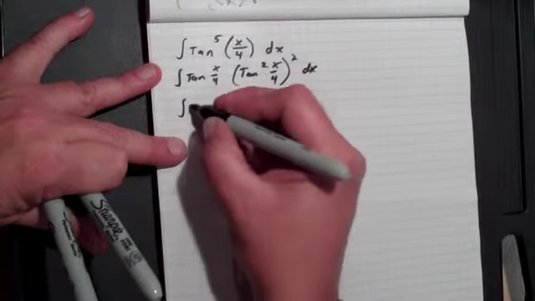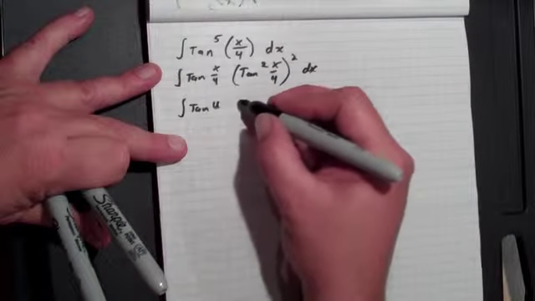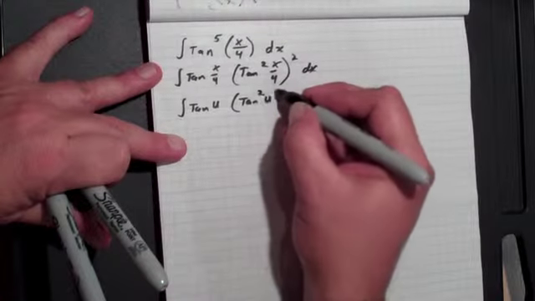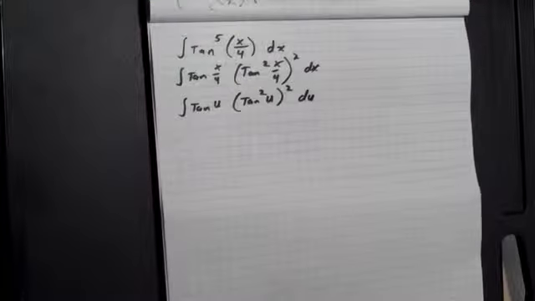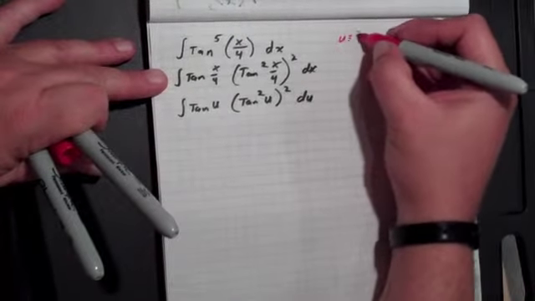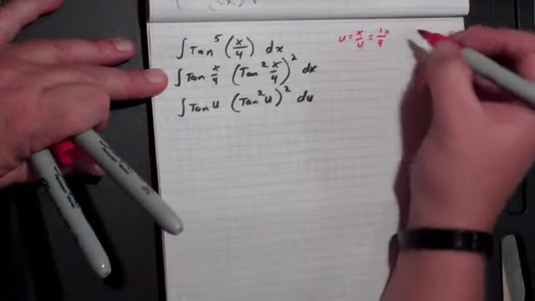I believe I'll turn it into u's right now. Tangent of u times tangent of u, tangent squared of u squared du. By doing this, I'm letting u equal x over 4, or 1/4 x.